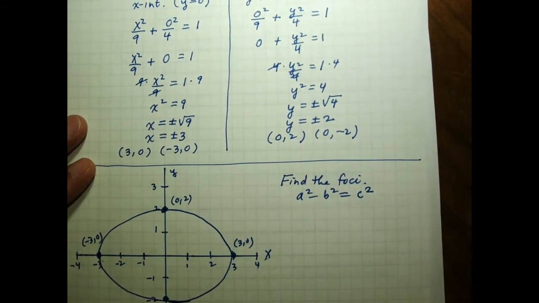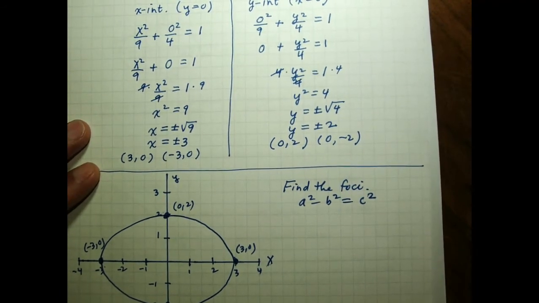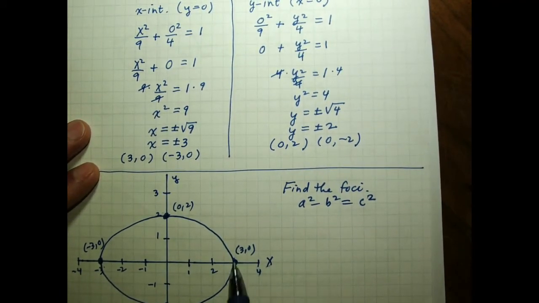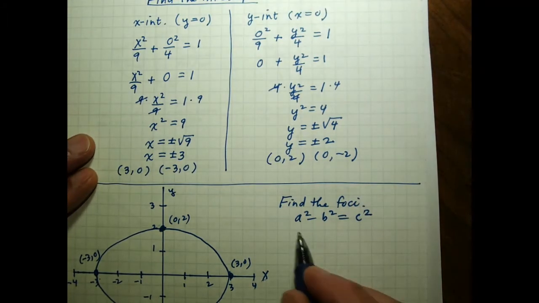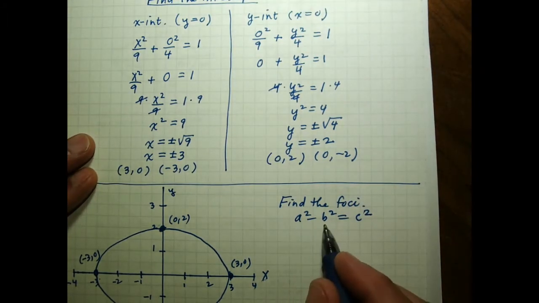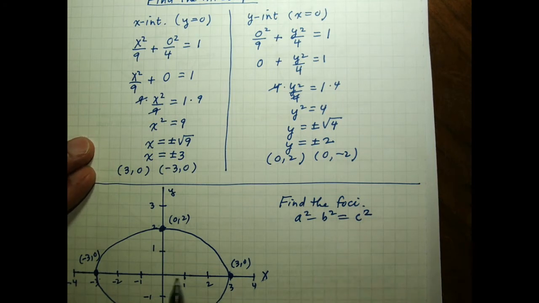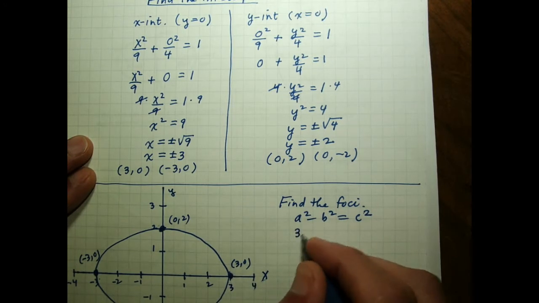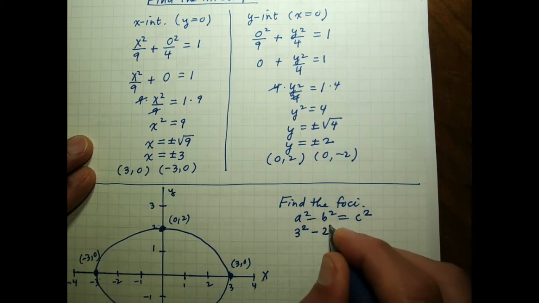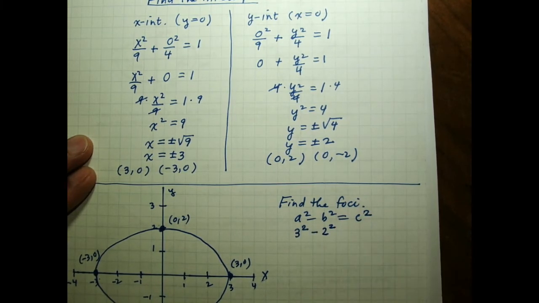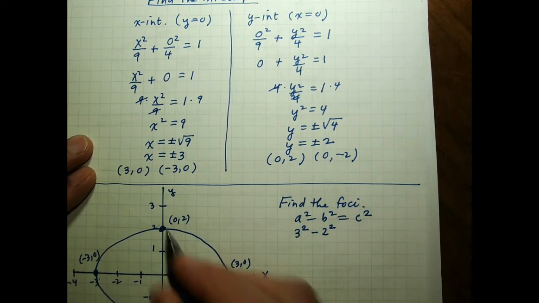And you don't really have to even be conscious of where the a and the b was in our original equation, because a squared will always be larger than b squared. So when I look at my intercept values, I know 3 is the a, so a squared is 3 squared. I know 2 is the b, so I have 2 squared, because 3 is bigger than 2.